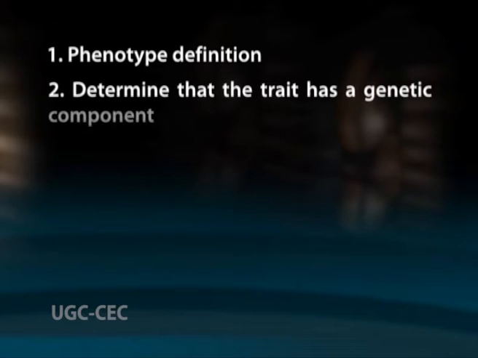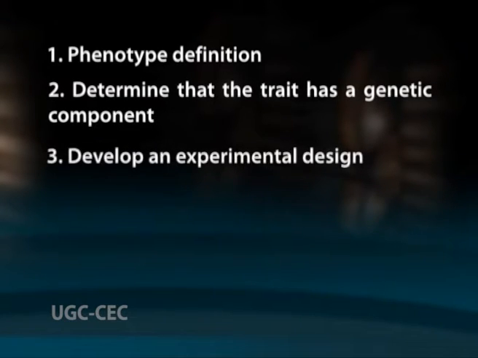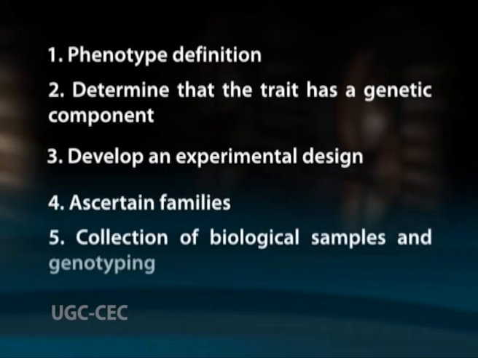Second, determine that the trait has a genetic component. Third, develop an experimental design, and fourth, ascertain families. One must decide what type of families to recruit, whether to recruit SIB pairs, extended families, etc. Fifth, collection of biological samples and genotyping.